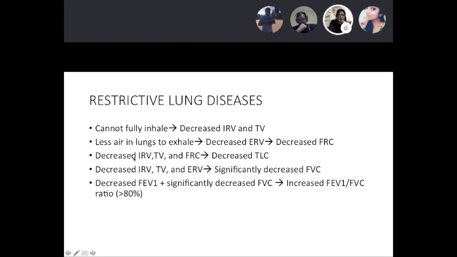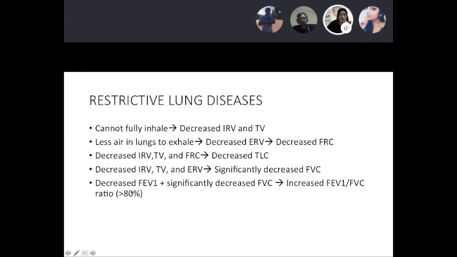Putting this all together, with decreased IRV, tidal volume, and FRC, that overall is going to lead to a decrease in the total lung capacity. Considering that the inspiratory reserve volume, tidal volume, and expiratory reserve volume are decreased, that's also going to significantly decrease the FVC, which I'll show you in the spirometry graph in a moment.